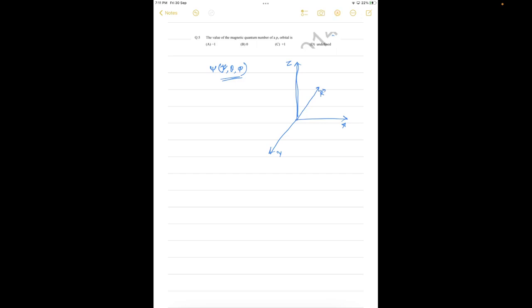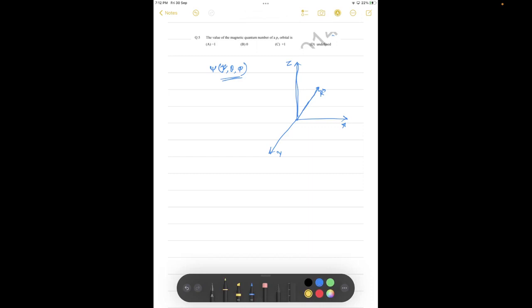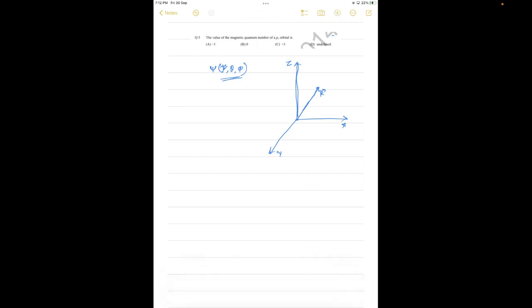Now the angle between the z axis and this R vector is denoted by theta.